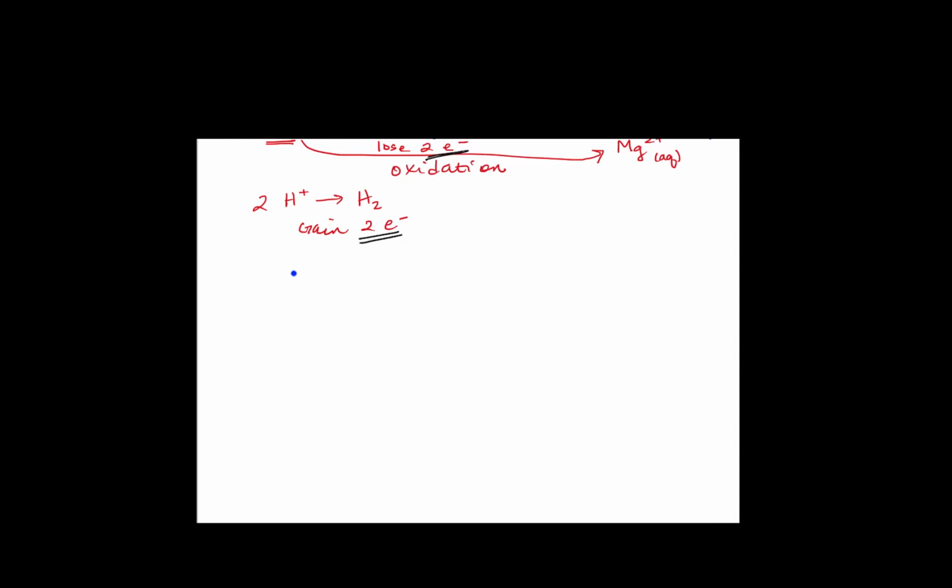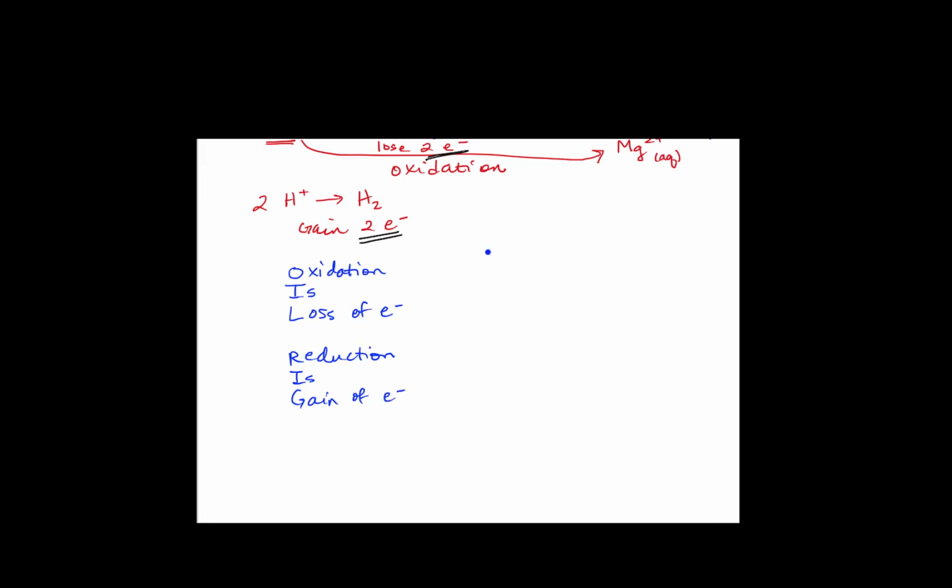So our mnemonic devices here, you probably have seen these before, and there's a couple of different ones. I usually go with OIL RIG. So OIL RIG stands for oxidation is loss of electrons, and reduction is gain of electrons.